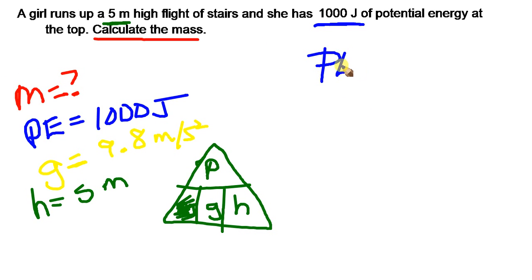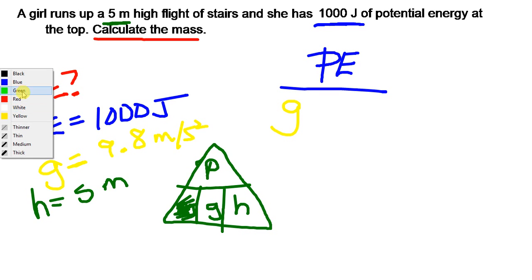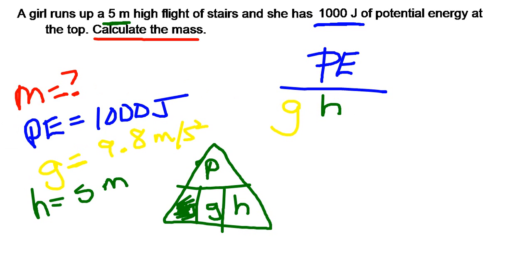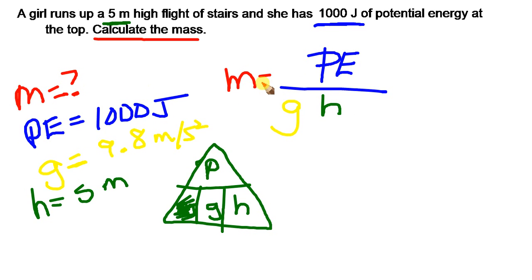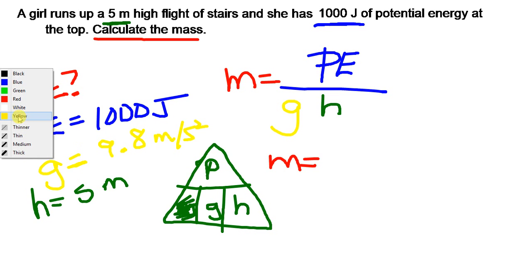So PE divided by G and H. And putting numbers here is going to find me my mass. So time to actually type in numbers for the letters. My mass I don't know yet, so I'm going to leave as a letter.